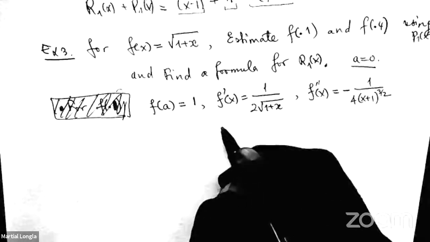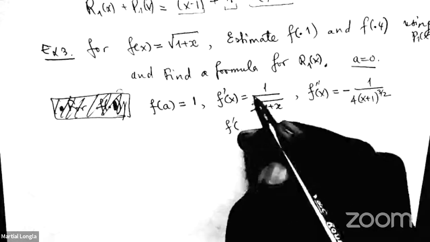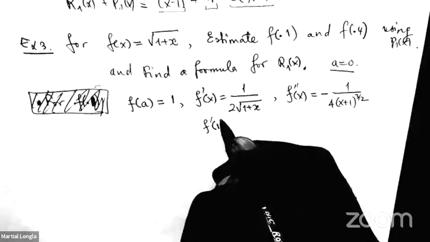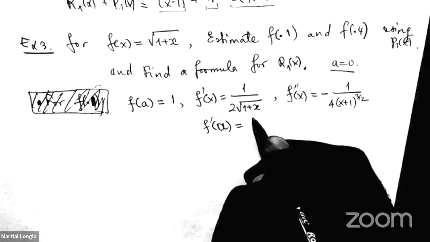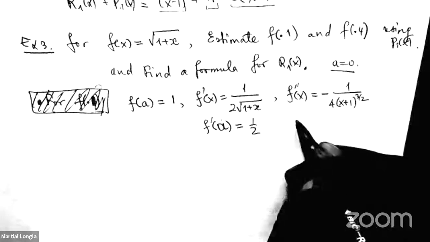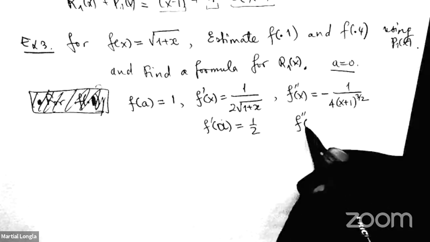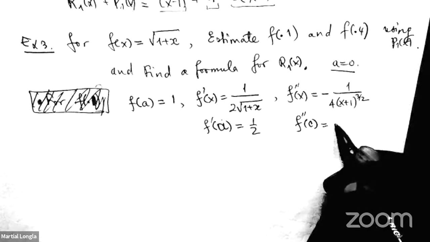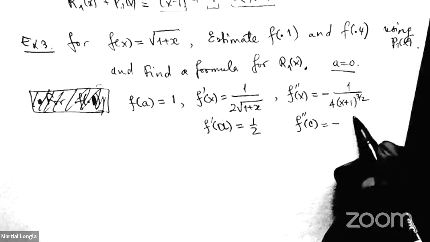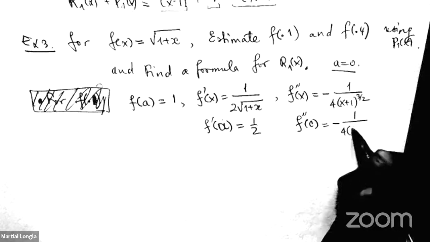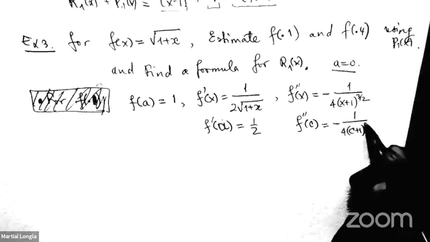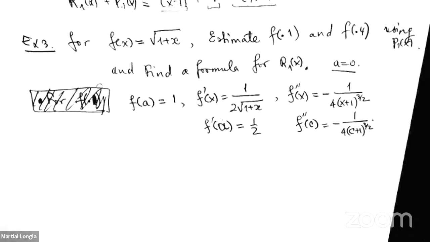And so we find f prime of 0, which is a. That's 1/2. And then the second derivative at c is minus 1/4 times c plus 1 to the 3/2.